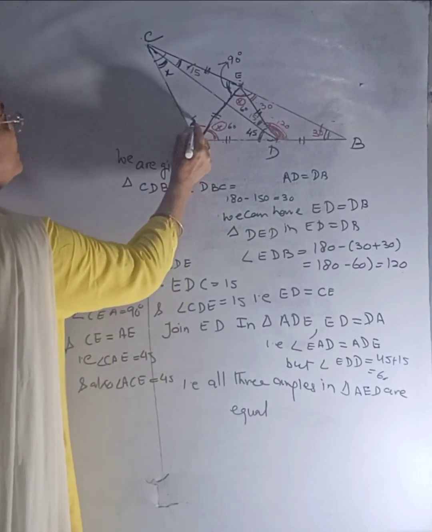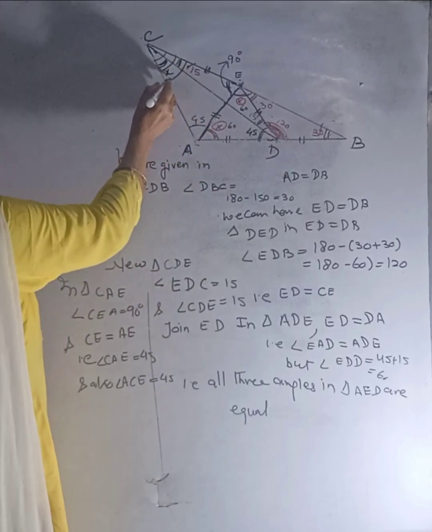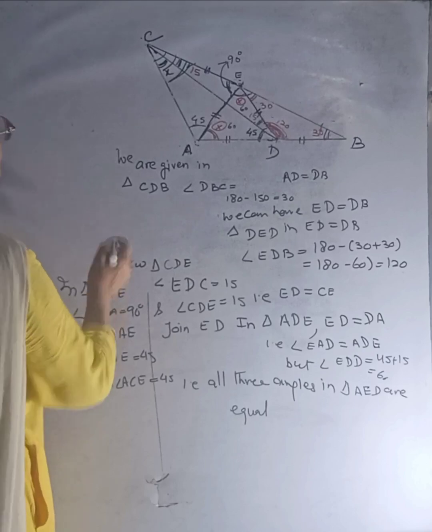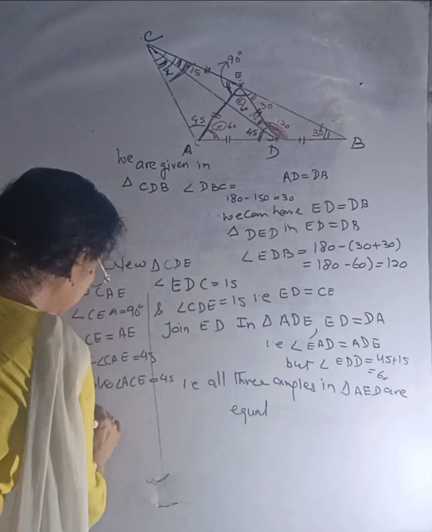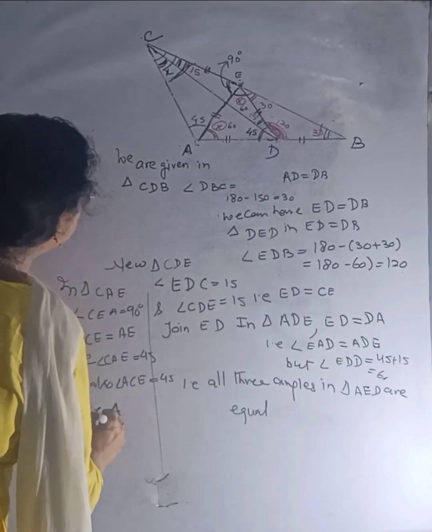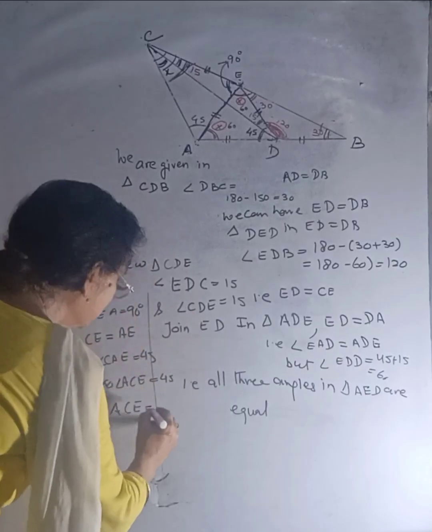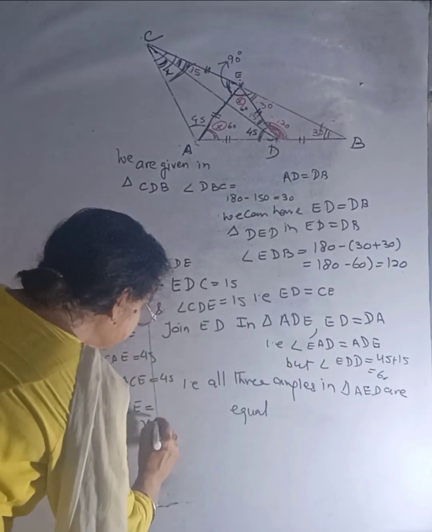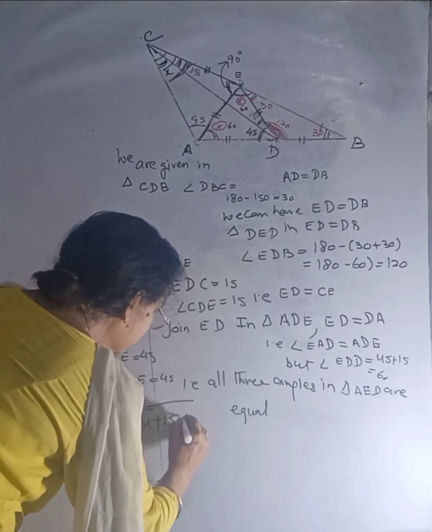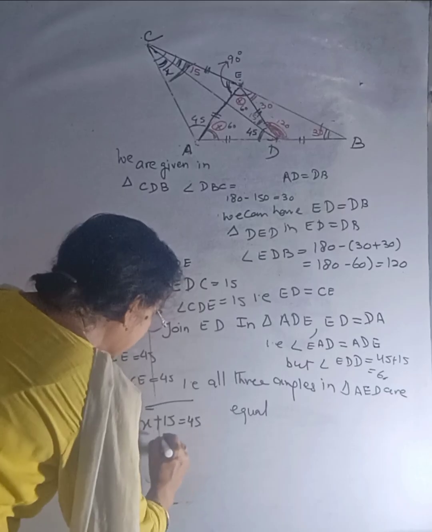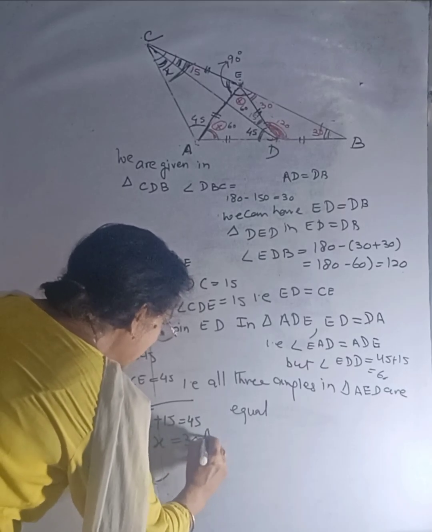This is 45, and the total addition will be also 45, out of which this is 15. It means angle ACE, which is equal to 45, is equal to x plus 15. X plus 15 is equal to 45. It means x is equal to 30. This is the answer.